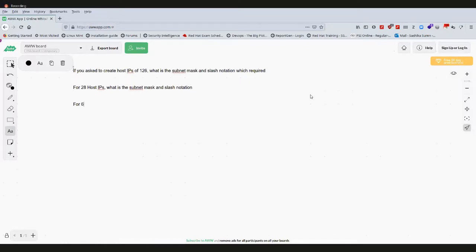And for 64 host IPs, what is the subnet mask and slash notation? Okay, guys, give your answers for these 3 questions.